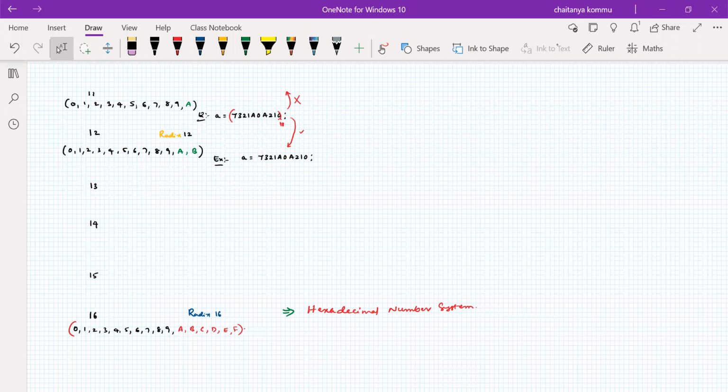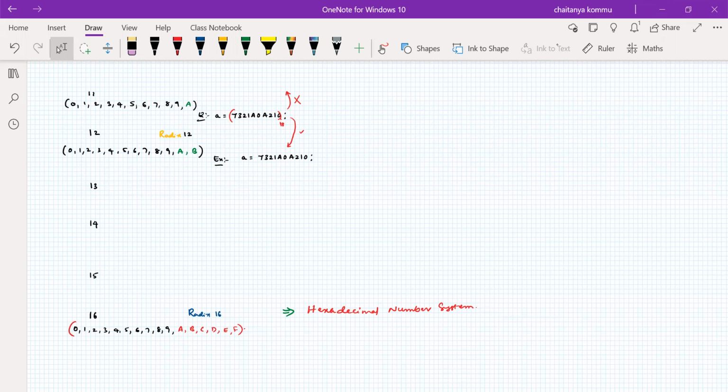If I say Radix 10, you can immediately say 10 digits. If I say the decimal number system, then you have to keep in your mind that it is a Radix 10 number system. Therefore, the 10 digits that we have to use are 0 to 9. If I ask you how many hexadecimal digits are there? 16. You can immediately say 16. What are those? 0 to 9 and A to F.